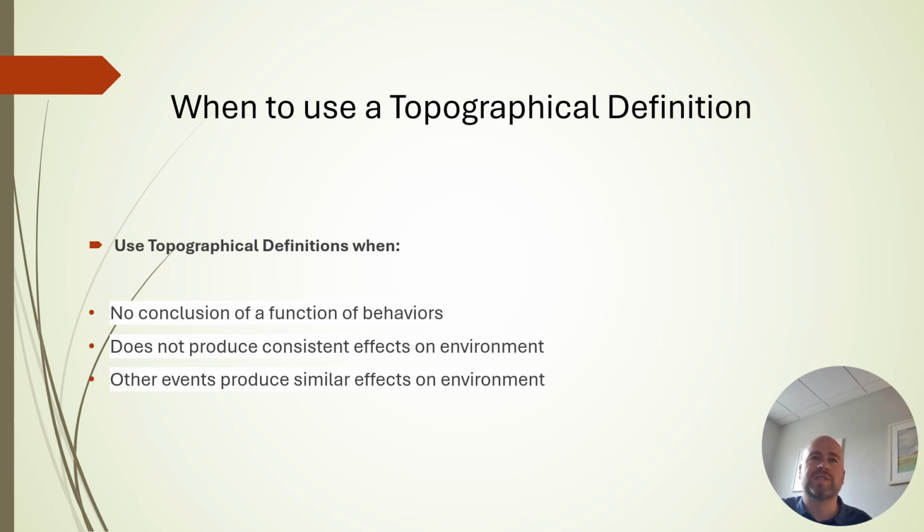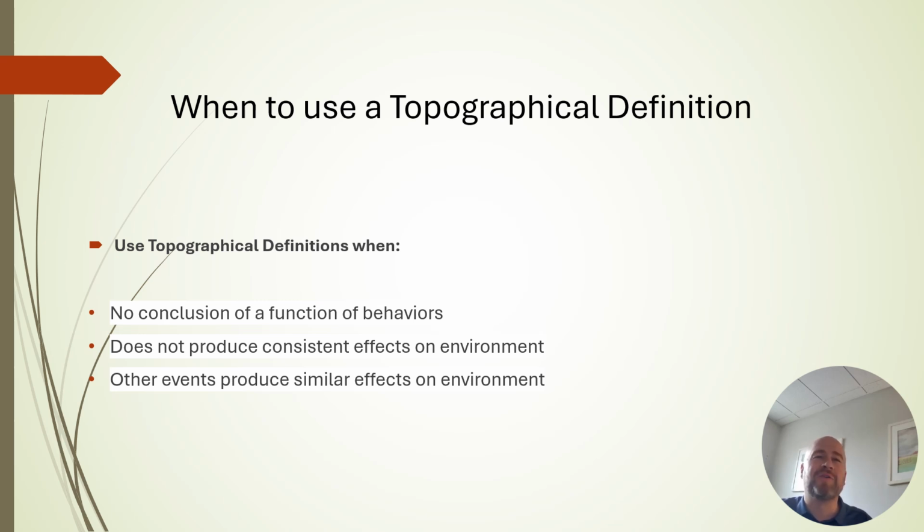So we would use a topographical definition in this case, what the behavior looks like. Another example might be when the behaviors do not produce a consistent effect on the environment. It would be hard to readily record them because they don't always produce that effect in the environment that a functional definition would require.